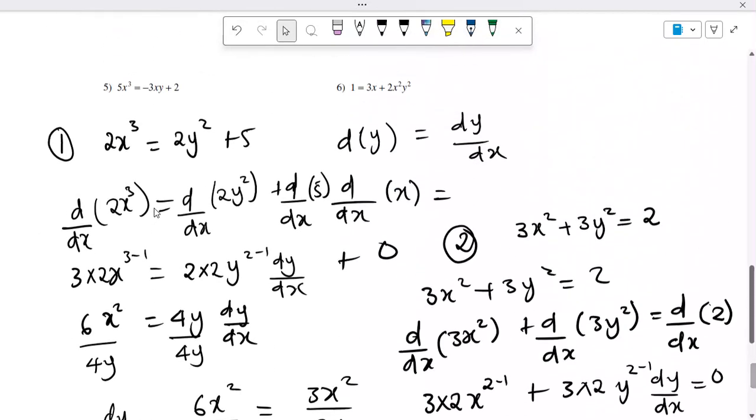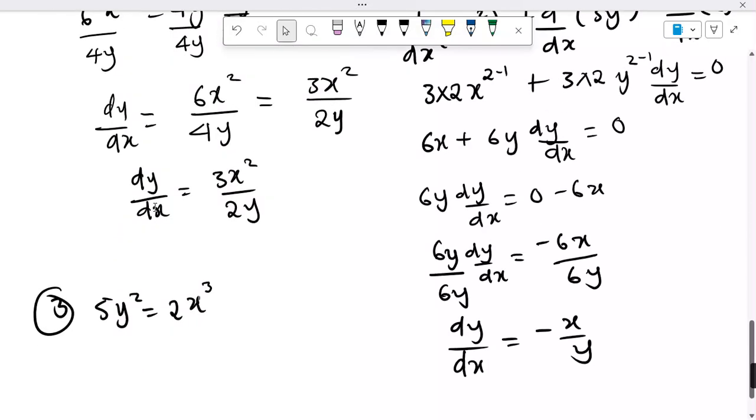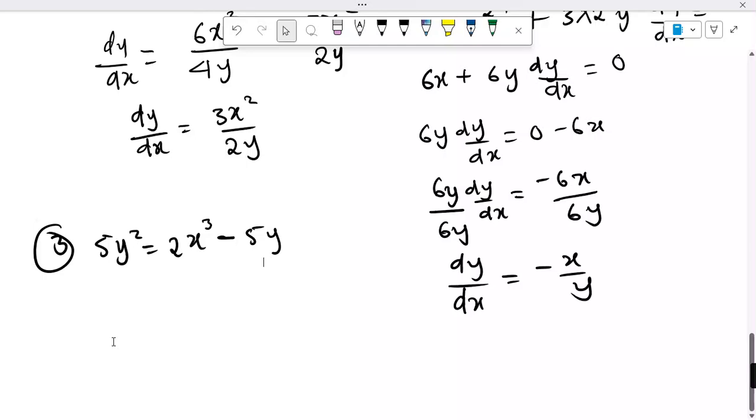Okay, what's the last term? Minus 5y. Okay, minus 5y. So same thing. We are differentiating each term with respect to x, but here we have 2 y terms, so we have 2 dy dx. Okay, so let's start.